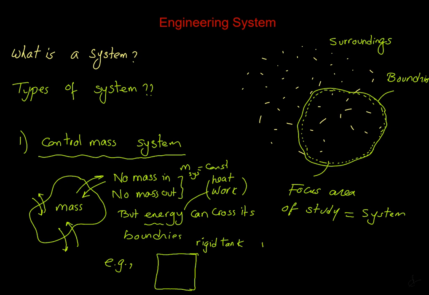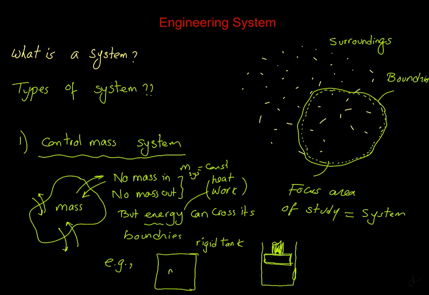It's what we call the piston cylinder system, which we use a lot to present different types of systems, especially when we do internal combustion engine analysis and stuff like that. So these are the two common examples when we deal with a control mass system.